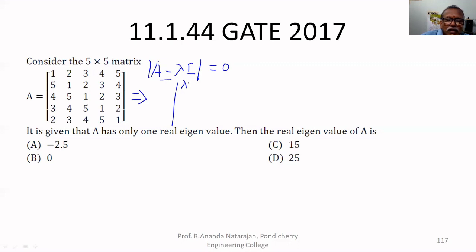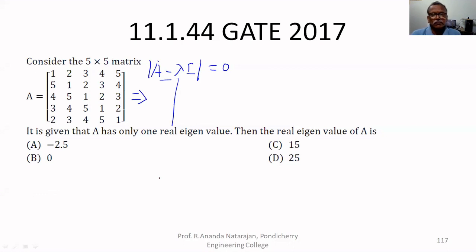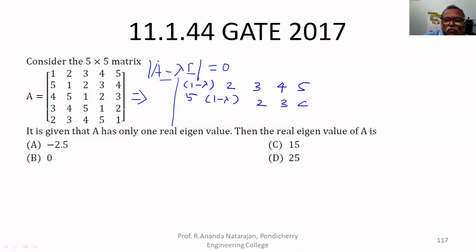lambda... 1 minus lambda. The first value is 1 minus lambda. Then 2, 3, 4, 5. In the next row you will get 5, 1 minus lambda, 2, 3, 4.